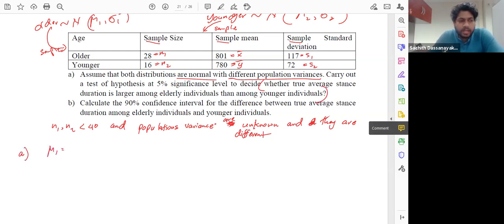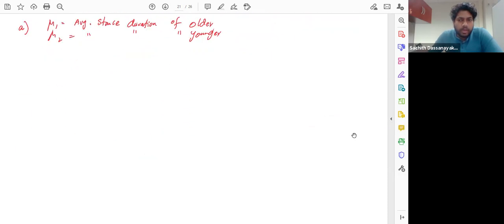I'm taking mu1 as the average stance duration of older, not elder, older. So mu2 is the same thing for younger. Okay, two sample t-test.